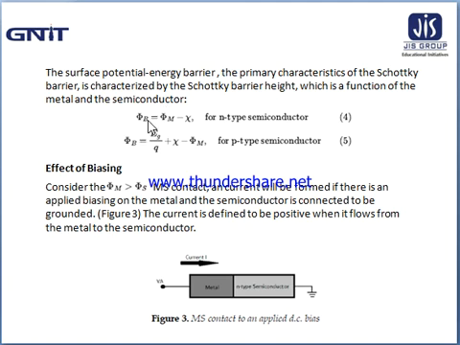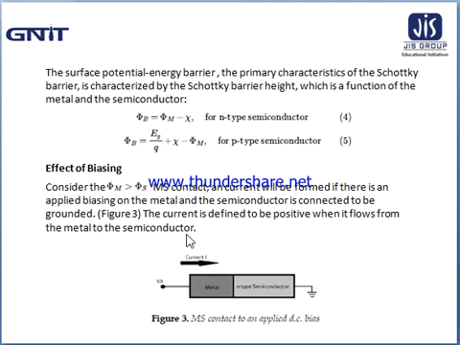Now phi B you can write as phi B equal to phi M minus chi for an n-type semiconductor, and phi B equal to Eg by q plus chi minus phi M for a p-type semiconductor.